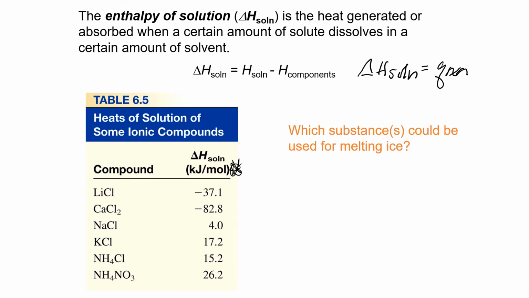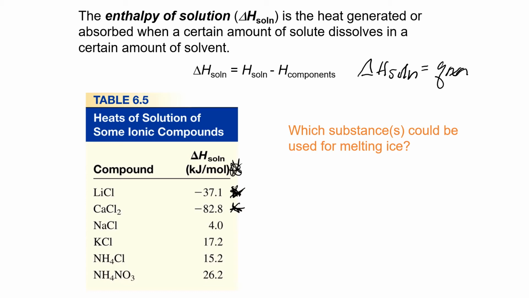And this question asks which substance or substances could be used for melting ice. So if we want to melt ice, we want something that's going to give off heat, right? What do we use on our roads in the wintertime? Some kind of salt. So these compounds with negative delta H's would be useful for melting ice.